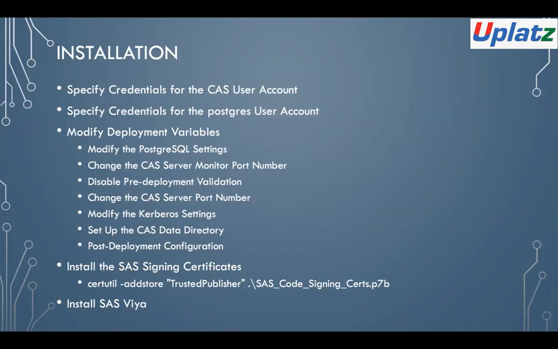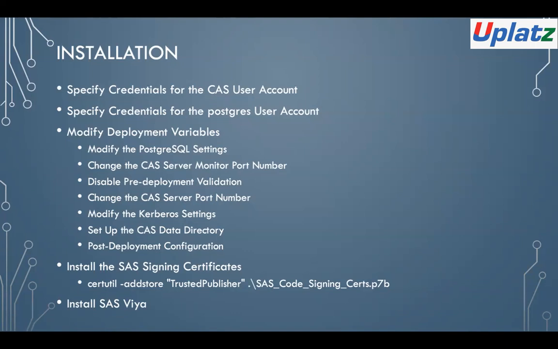Once the Kerberos settings are modified, you will move to the CAS data directory setup. By default, the product CAS files are written to the program data folder of the C drive, which is often hosted on a single hard disk drive with limited storage.